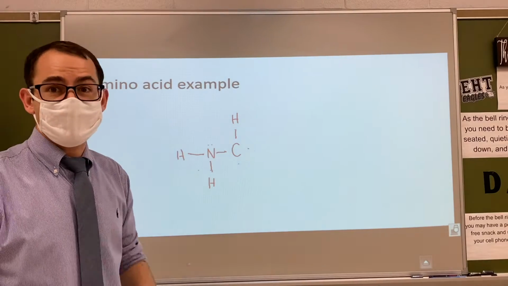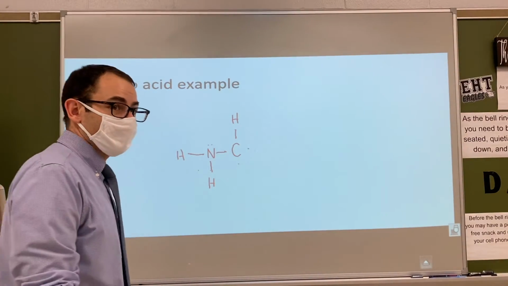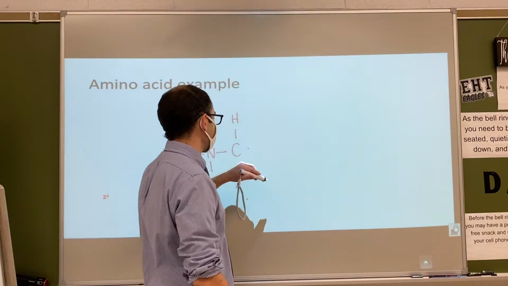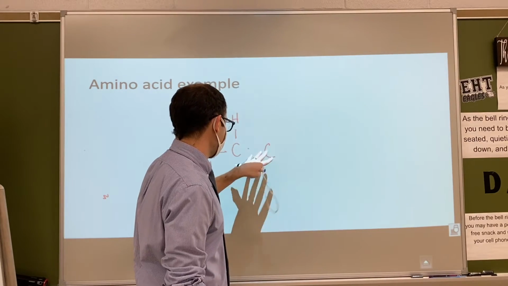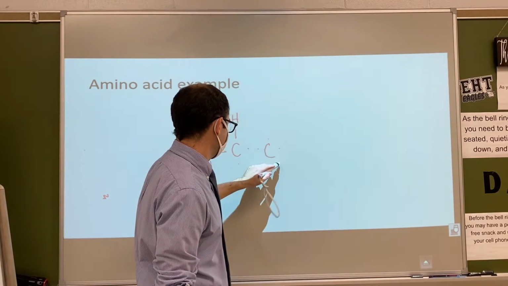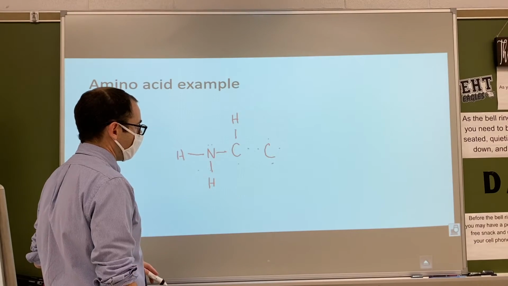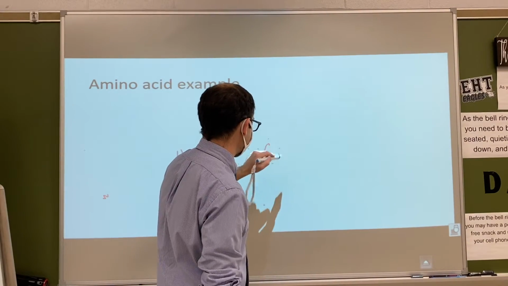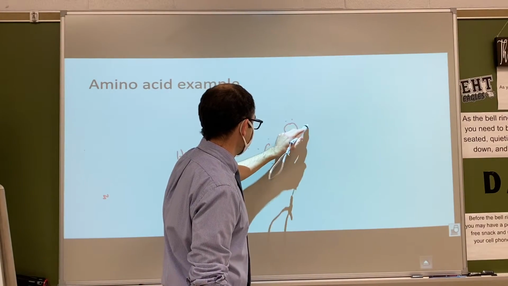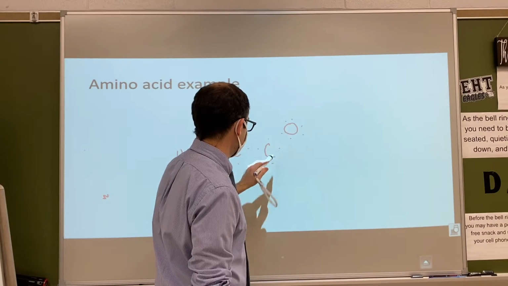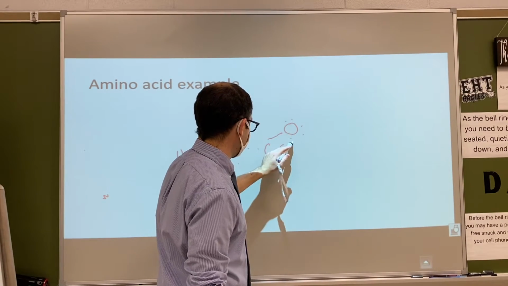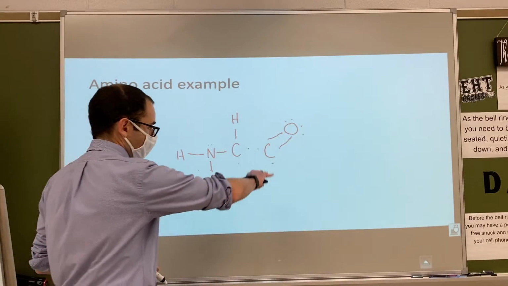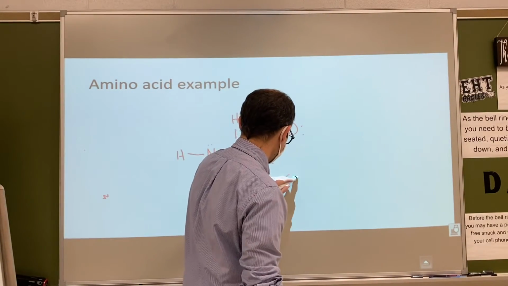What do we want to do next? All right, that sounds good. Let's go with the carboxyl group. So over here we have another C. All right. With this we have that double bonded oxygen. So we'll draw an oxygen up here with its dots. Double bonded, so we get a line here and a line there. And then on the bottom we have a hydroxyl group.